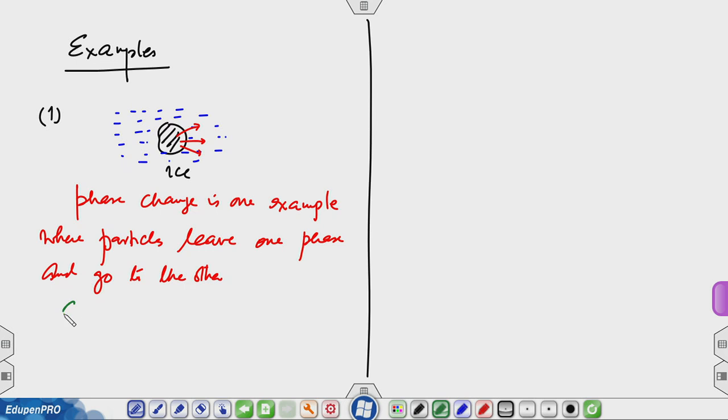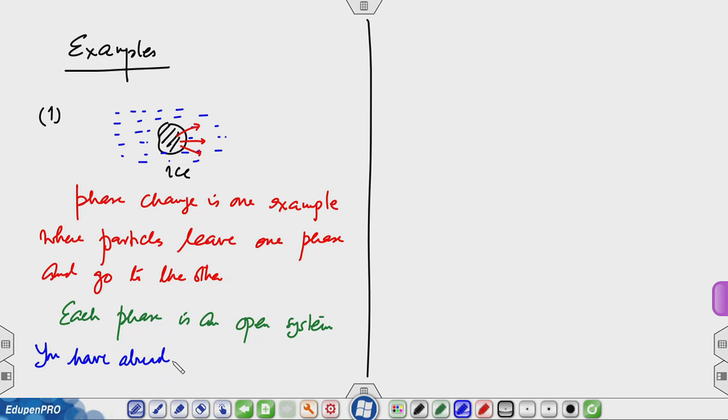So each phase is an open system. And you've seen already what happens in this case in equilibrium: G1 equals G2. That is, the Gibbs energy per mole is equal between the two phases.